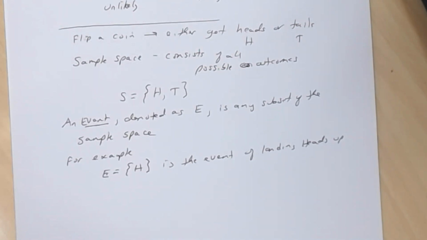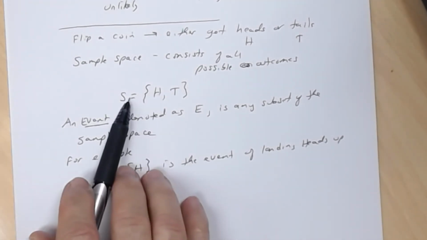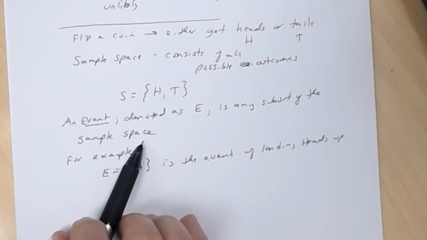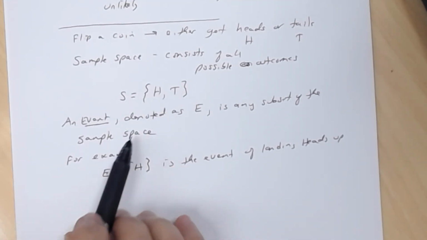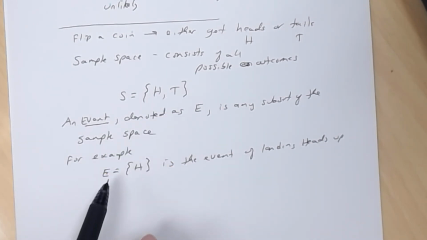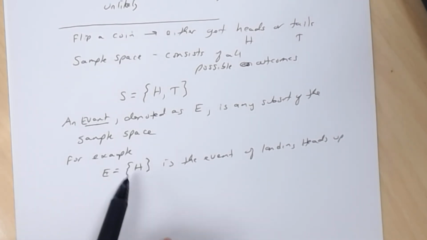All right? Okay, now, if I look at this right here, this sample space consists of how many outcomes? How many outcomes do you see? There are two, correct? You either get heads or you get tails. And the event I'm looking at is the event that heads will land up.